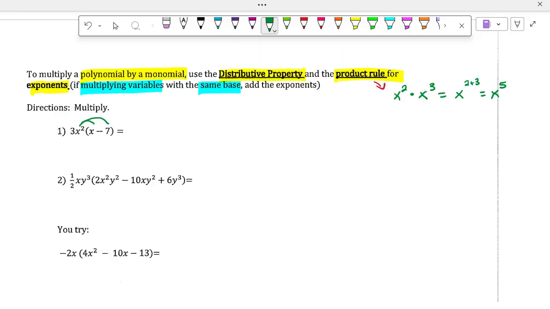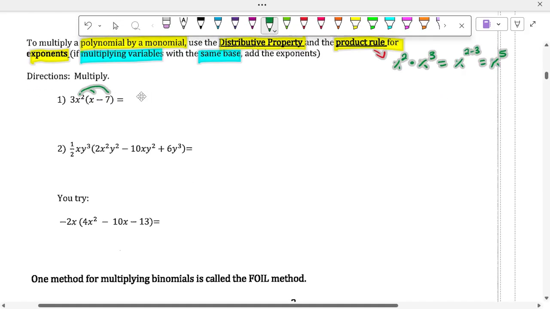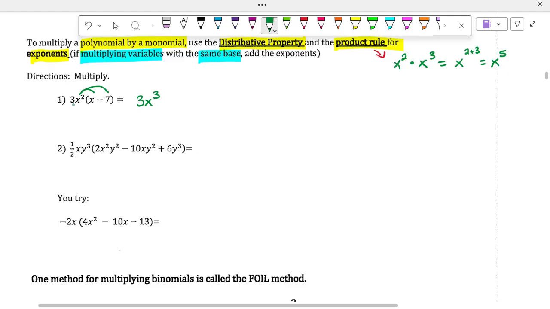what would be my first term? Let's go with Blake. So it'll be my first term when I multiply the 3x squared. 3x cubed. Good. So we would do 3 times 1, the unspoken 1 there, and then x squared times x to the first.